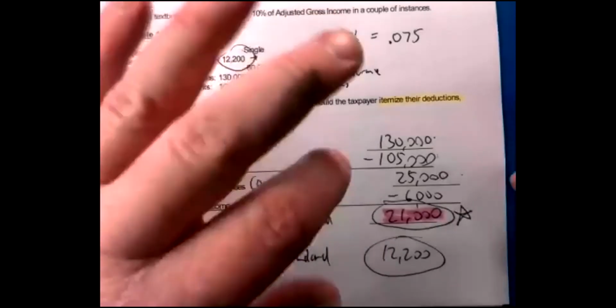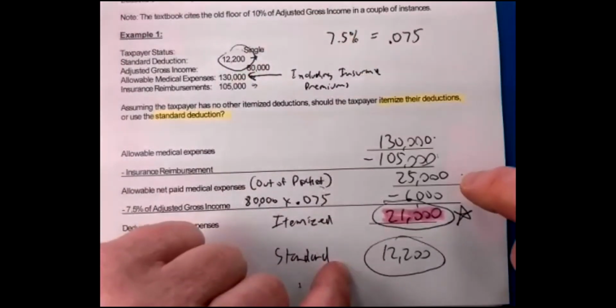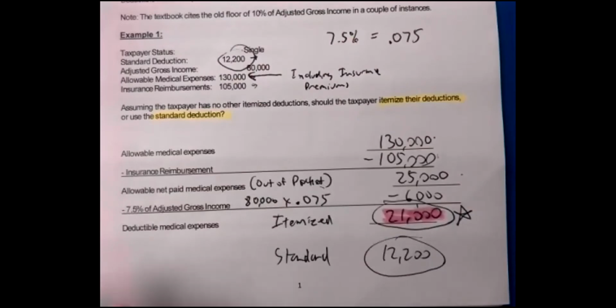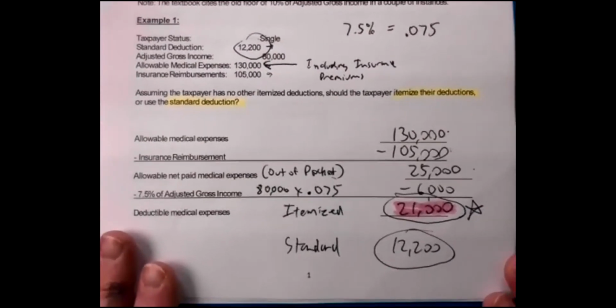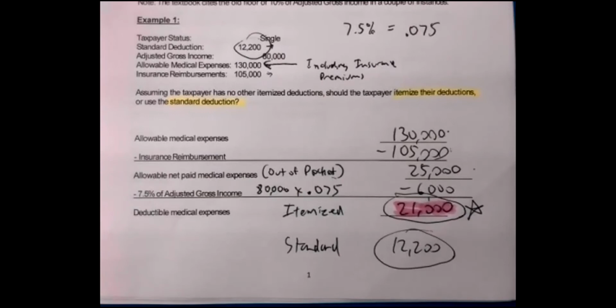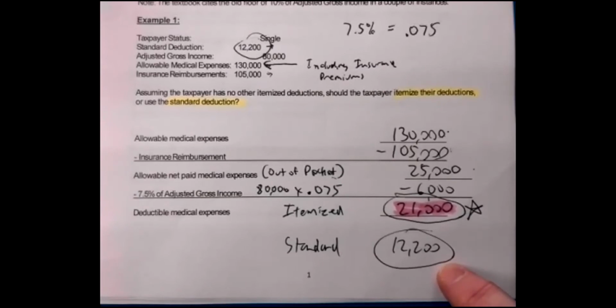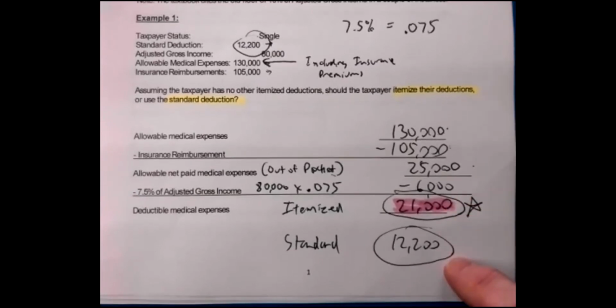And again, usually this is for people that have very high medical expenses, which is not that uncommon. Someone has cancer, someone has whatever, it could be very high. Surgery or whatever, these can be very high costs. So medical expenses are one of those things that if they have a bunch of them, it could certainly flow into this.